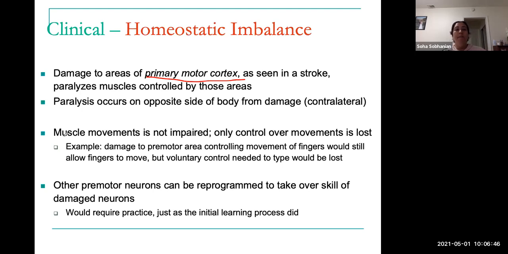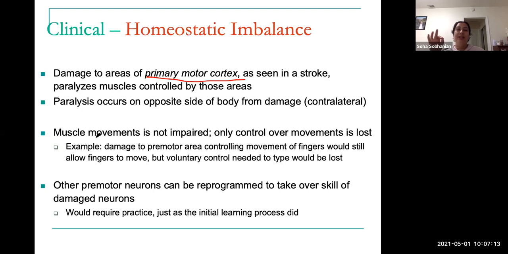Now, if you go back to this, the problem is that there's nothing wrong with our muscles, right? Muscles are not damaged when a person has a stroke. We talked about this. The damage is to the connection between your brain and your muscles. That connection is severed or basically halted because the neurons are dead, and therefore you are unable to do the movement.